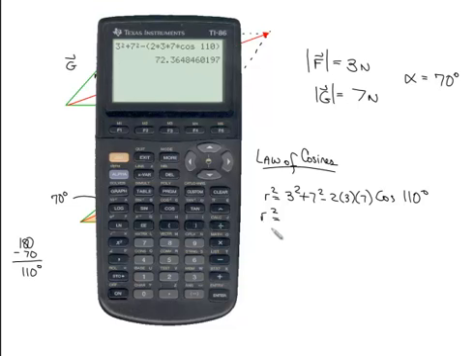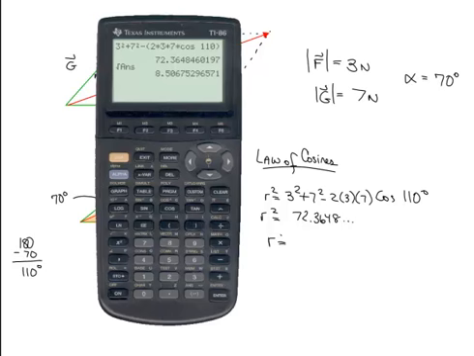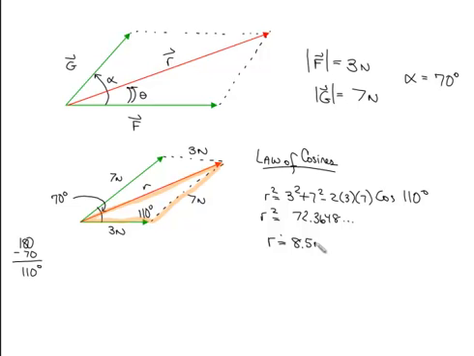That's R squared, 72.3648, and then we take the square root of that, which is about equal to 8.5. So our magnitude then is about 8.5 newtons. Sorry, should have put it here.